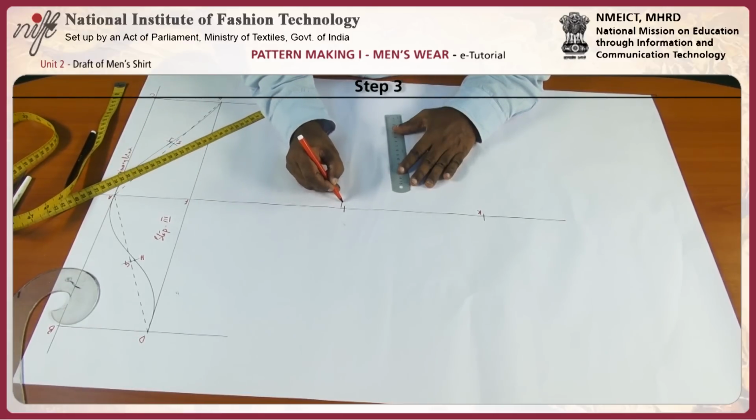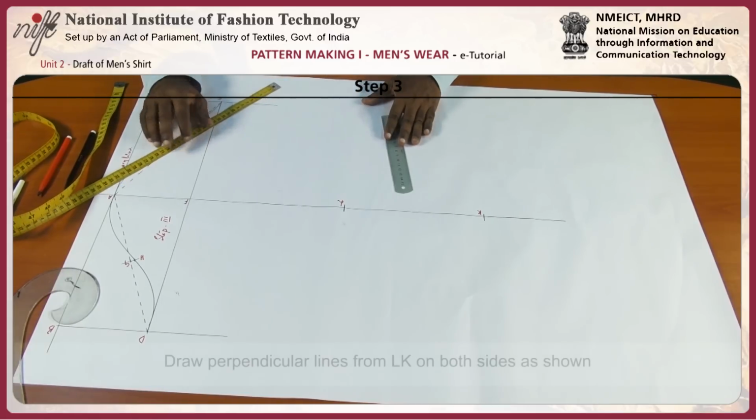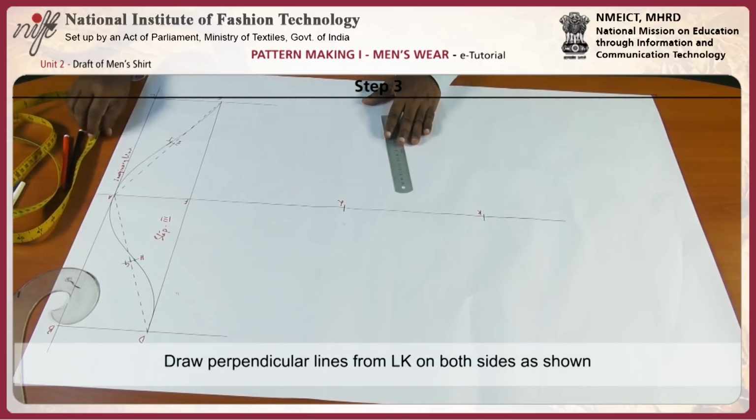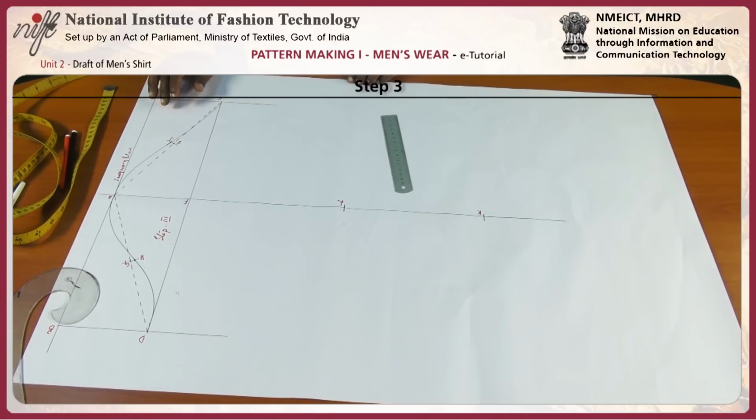Point L. Draw perpendicular lines from the point L and K on both the sides of L and K as shown in the diagram.